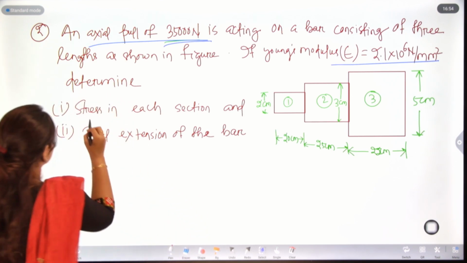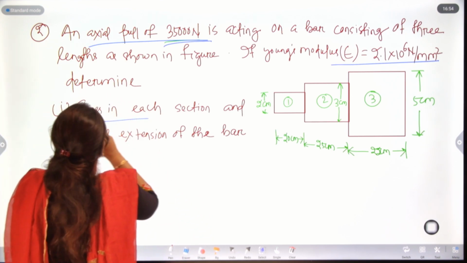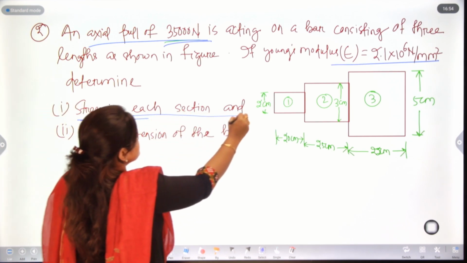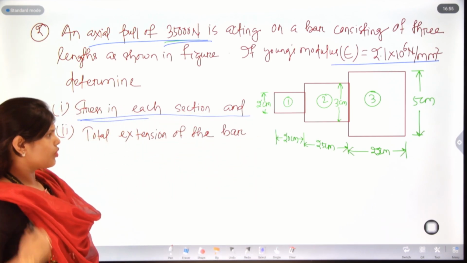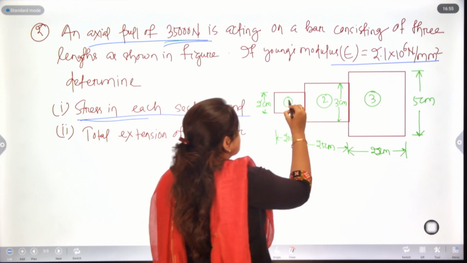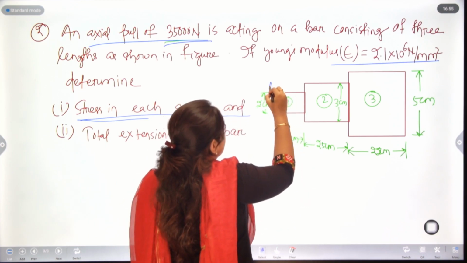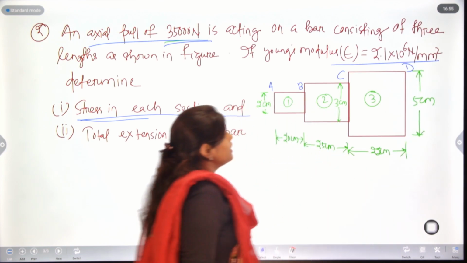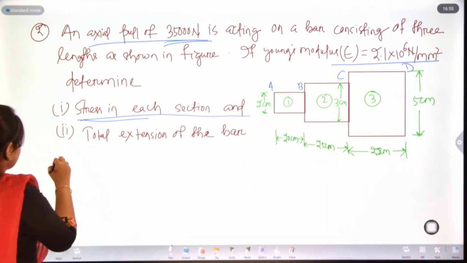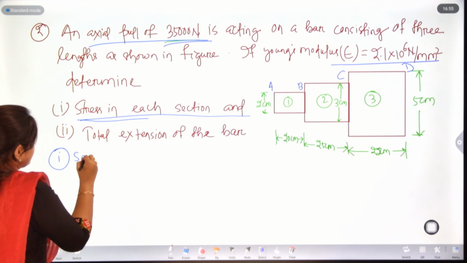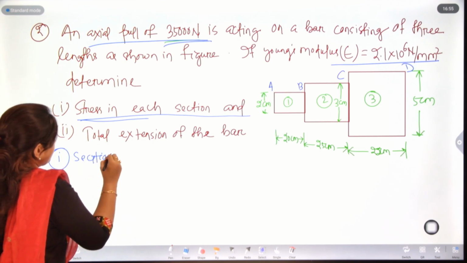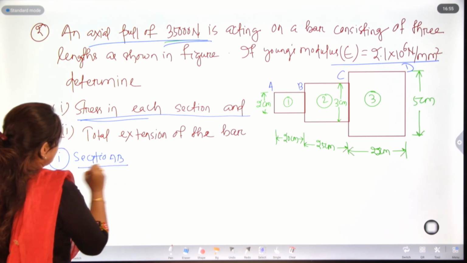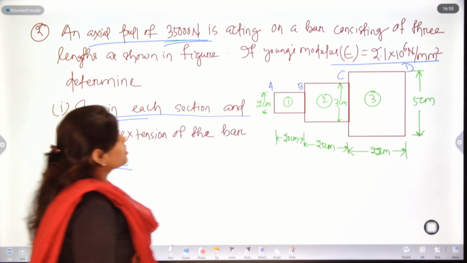First, the question asks us to calculate the stress in each section. We can name the sections A, B, C, D. First, taking section AB. What is the given data in section AB?